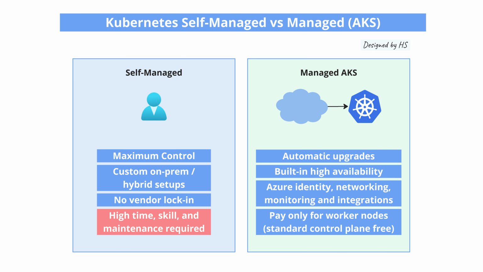So managed services like AKS trade some control for simplicity. You get automatic upgrades, built-in high availability, and deep integration with Azure identity, networking, and monitoring, for example, and other tools from their ecosystem. And financially, AKS is efficient because you pay only for the worker nodes. The control plane is free in the standard tier.